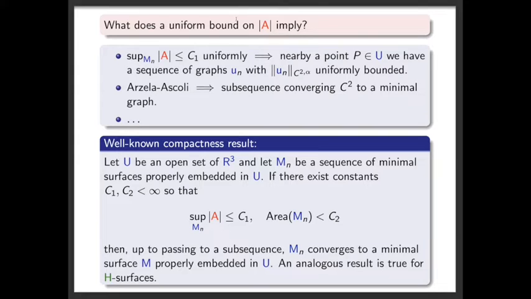And we like C2 convergence because all of the quantities that we care about, Gaussian curvature, mean curvature, second fundamental form, depend on two derivatives. So for instance, that's why we know that the limit is a minimal graph, because of the convergence in C2. And then you use a prolongation argument to get a whole surface. Once you get one graph, you look at a point in the boundary of this graph that's also the limit of points in the sequence. You attach another graph and keep going.